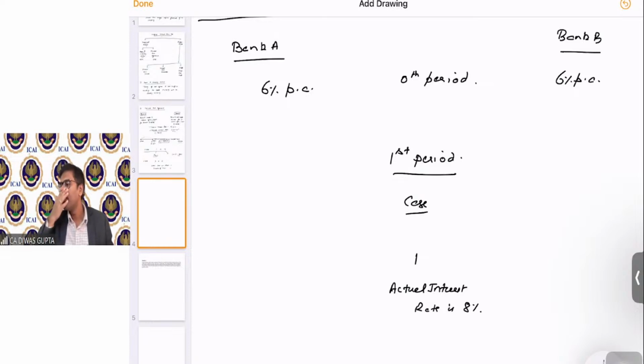Very good. Kirti, you are right. Satish Kumar, yes, you are right. Gurram, very good. So Bank A will gain 2% and Bank B will have a loss of 2%. Yes, Prashant, you're right. Very good.